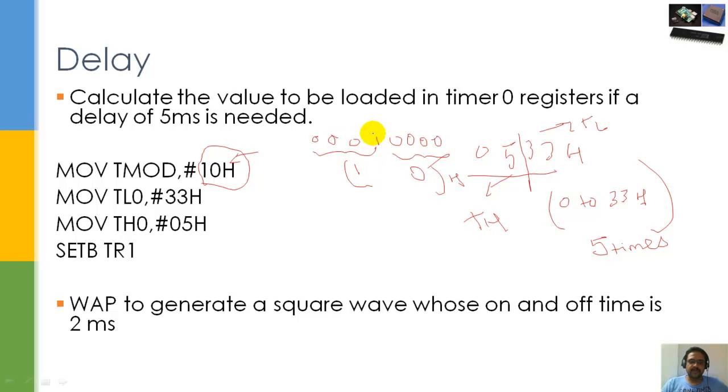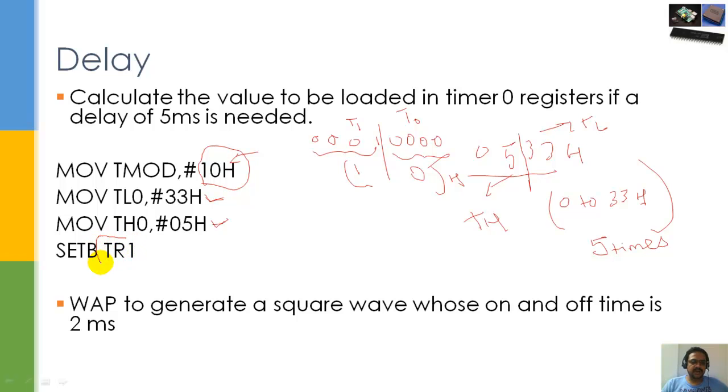Place the bits appropriately in the TMOD register and find out in what mode I am operating and which timer I am operating. Is it timer 1 or timer 0? Timer 0 remains untouched, so I am using timer 1. Find out what values are supposed to be written. So move TL 33H, move TH 05H. So I have moved the appropriate numbers into TL and TH. Let us not bother whether it is timer 0 or timer 1 because it doesn't matter.